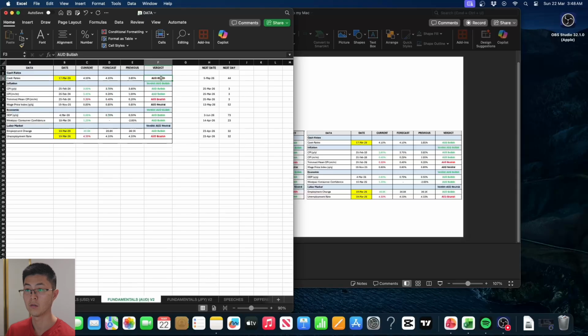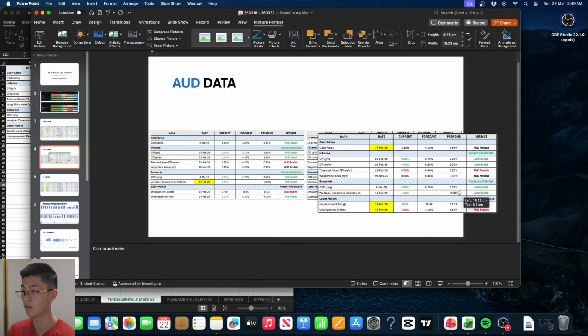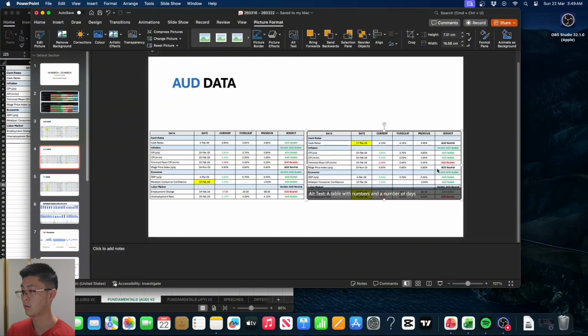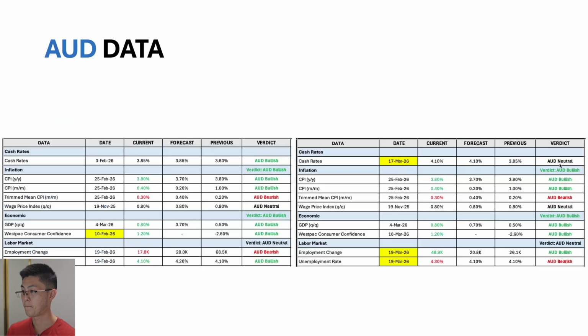Cash rates are neutral. As you can see, I am still doing this manually on the fly, so you can tell I'm still active in what I do.